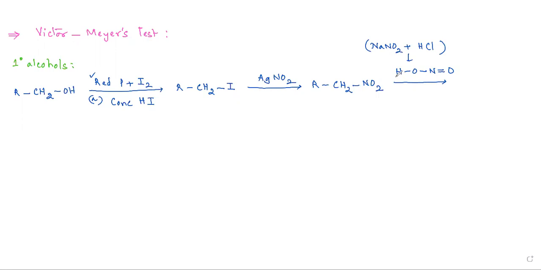Say this OH and this H are eliminated in the form of water, and see what we get. R CNO2 as usual.